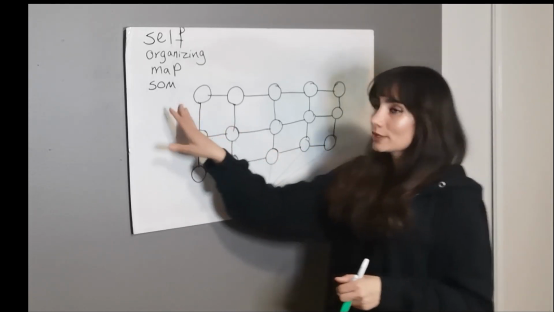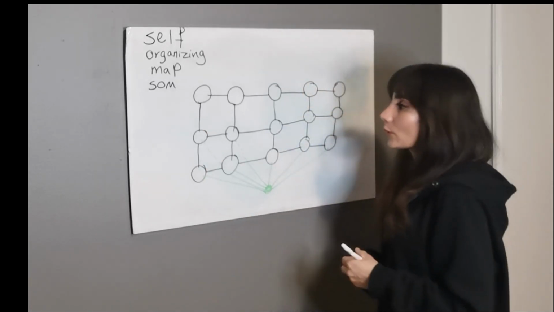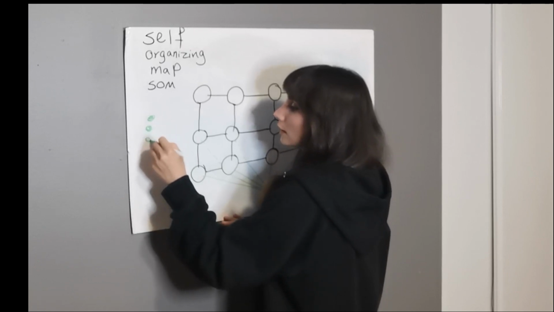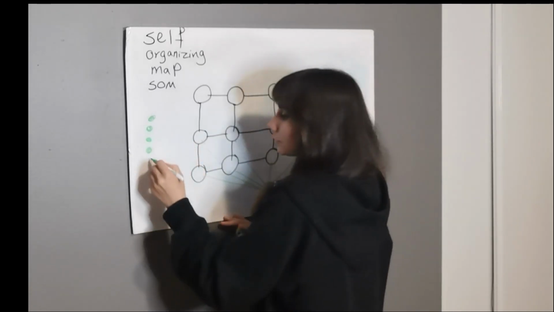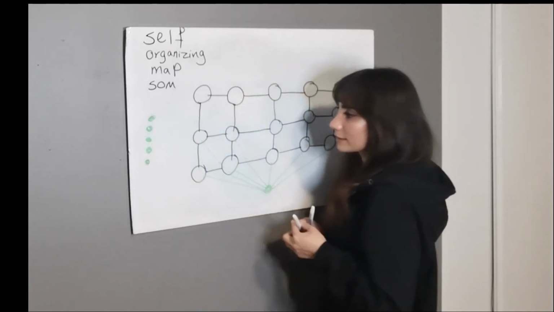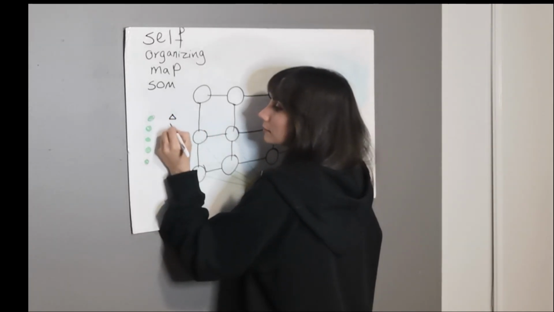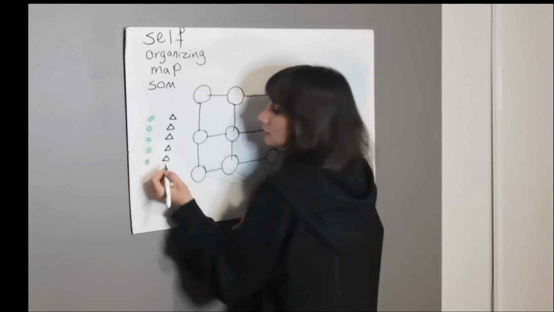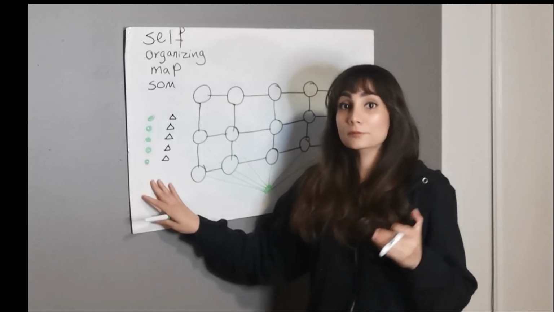And each one of these neurons has all of the dimensions. So we have lots of data points. These ones are green circles, and then we have black rectangles. Each one of them has different dimensions or different features.